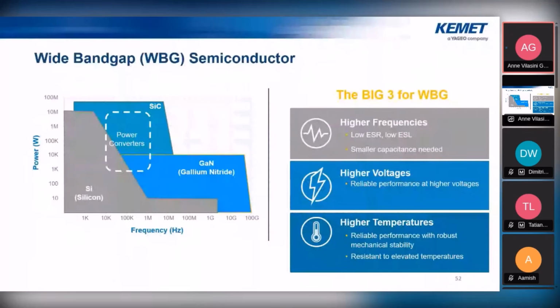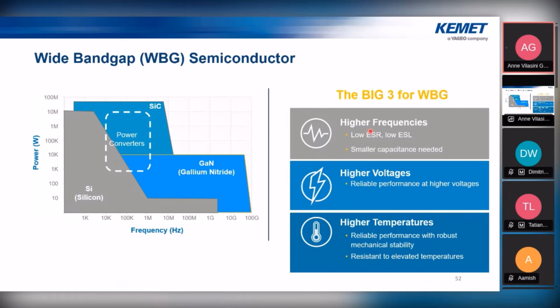Now talking about wide-bandgap semiconductors, which is a hot topic right now. We have silicon carbide and gallium nitride. The speciality of these components is that they can reach a place where silicon simply cannot. Gallium nitride basically opens up the high frequency range, higher voltages, higher temperatures and higher power.